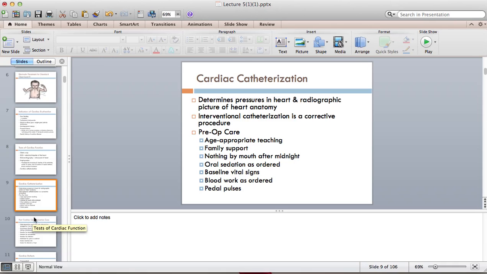Because with that, you go under conscious sedation. You have to prep the child. The child is usually NPO at least 4 hours before the procedure. They'll have to do the procedure under conscious sedation.